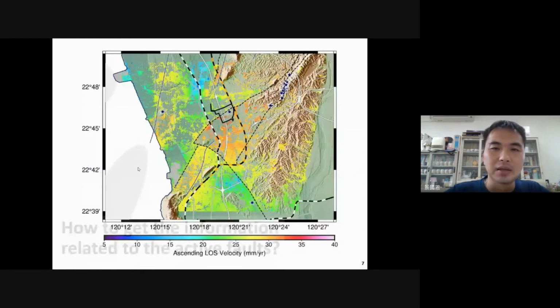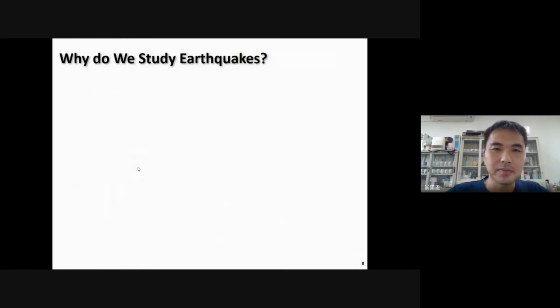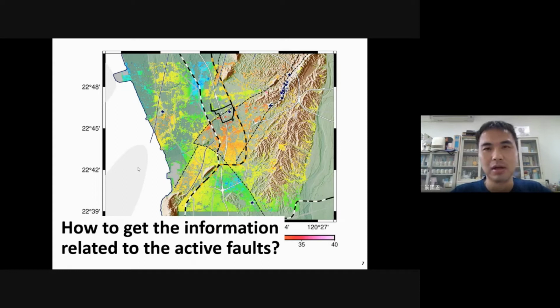Okay, so now I just want to show you how we analyze the surface velocity field to understand the activities of the faults.